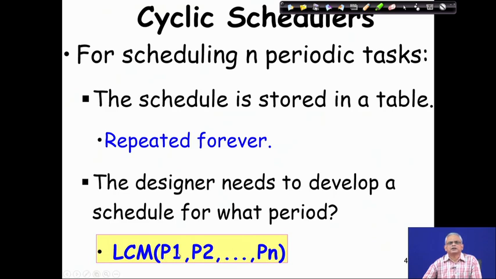So, if we have 100, 300 and let us say 400, then we need to store the schedule for a period of 1200 millisecond. So, for 100, 300 and 400, the LCM is 1200, and therefore, we need to maintain the schedule for 1200 millisecond and then keep on repeating that.